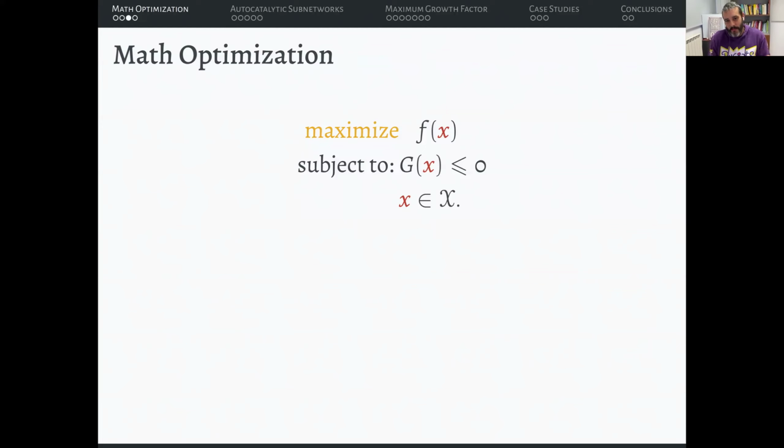Probably you have seen this type of problem, and there are many tools about computing gradients and making them equal to 0, and that's all. In general, that's not true, because in case the space X where the decisions are to be chosen is not convex, or there are properties that are not verified, then this approach of setting gradients equal to 0 is not valid. So there are other kinds of approaches to solve these problems, and this is the case of network optimization.